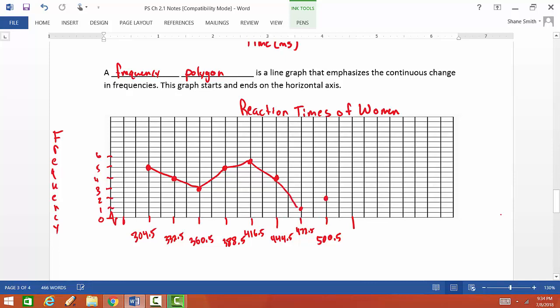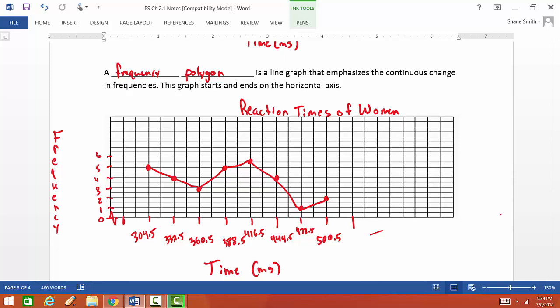Okay. And then at this point, we say, oh, I forgot my label, time in milliseconds. So don't ever label this class midpoints or class boundaries, by the way. Always give the labels context. So this is time in milliseconds.